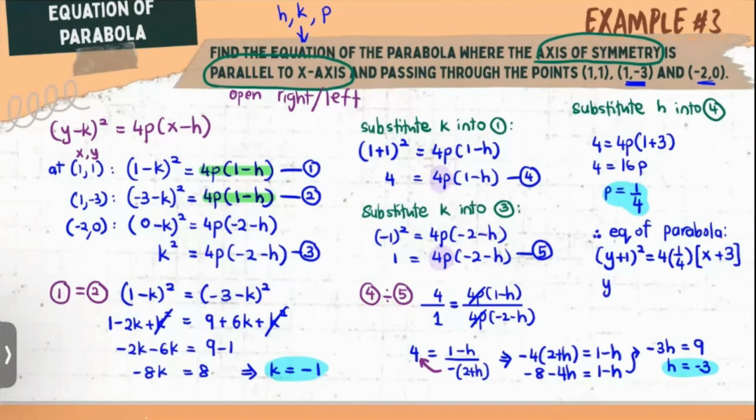And this will be our final answer lah. Y plus 1 squared equals to 4 darab 4. 4 bagi 4, 1. So, X plus 3. So, ini barulah kita punya final answer.